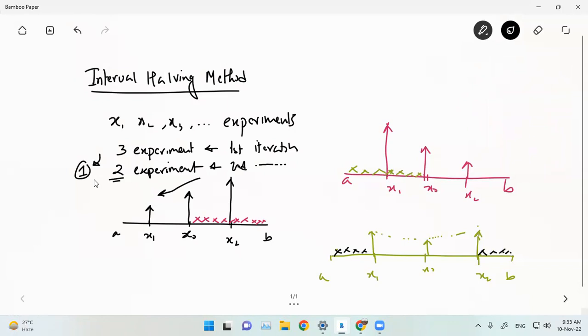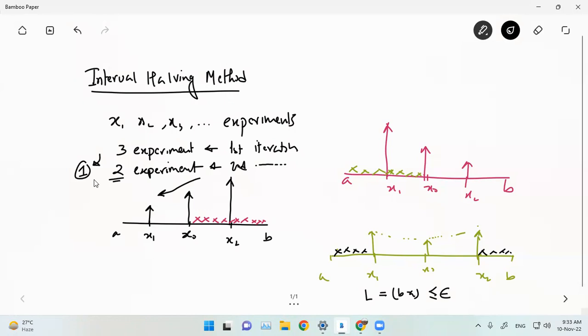We can also check after each iteration whether the condition of exact values is fulfilled or not. The value of L after each iteration, that is B minus A, is checked whether it is smaller than or equal to a certain minimum value or exit value given, which is represented by epsilon.